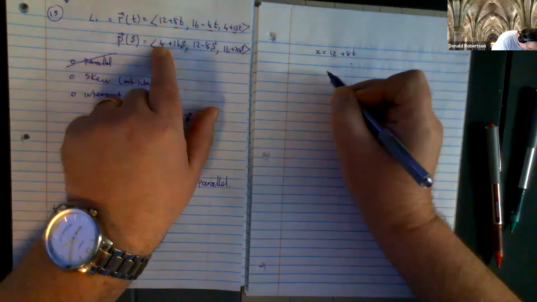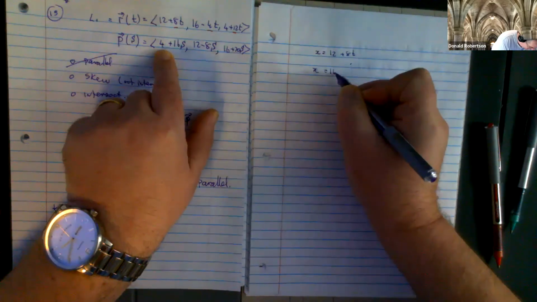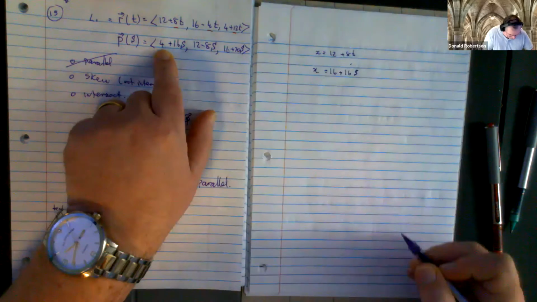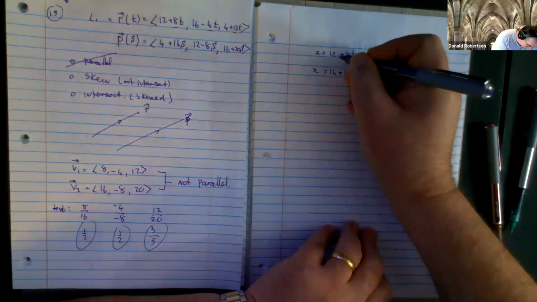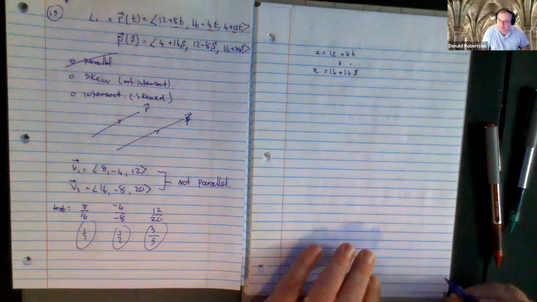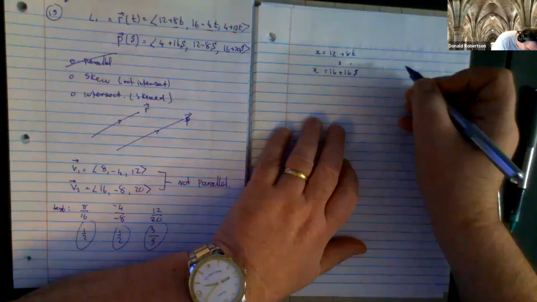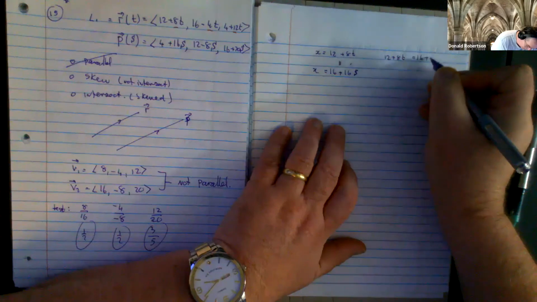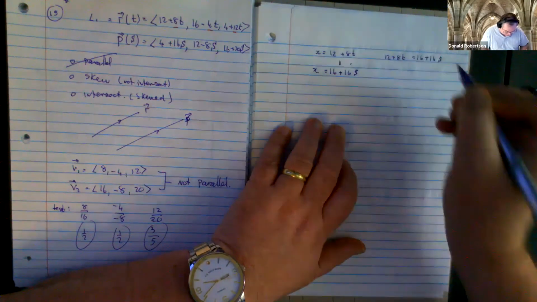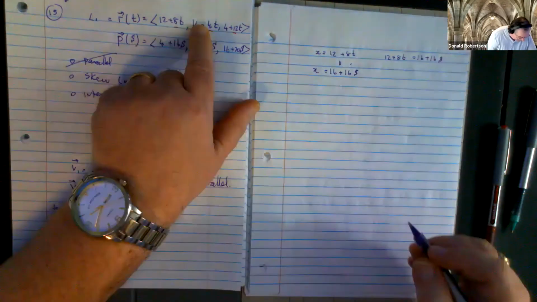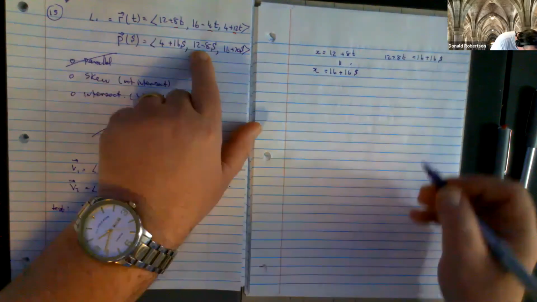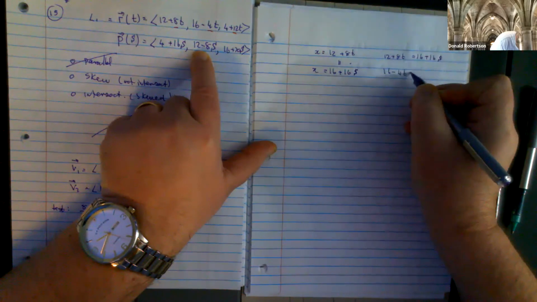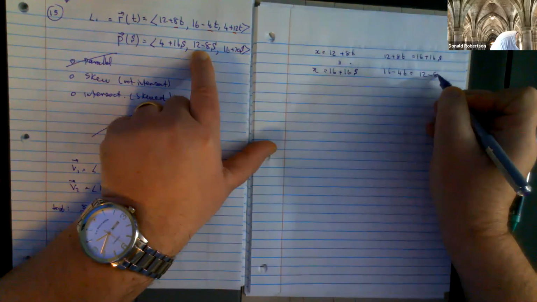If I write down the x component of this line, it's 16 plus 16s. If these two lines intersect, shouldn't these be equal to each other? So what does that give me? It gives me an equation in s's and t's. If I say that this guy has to equal this one, I get a different equation. I get this fella has to equal that guy.